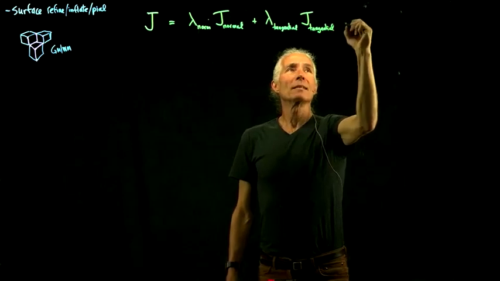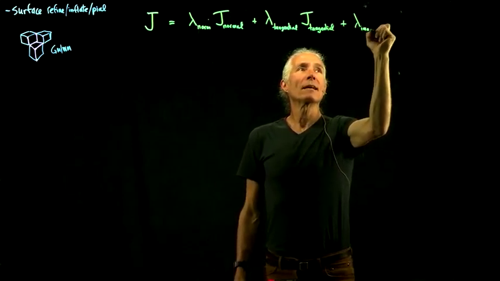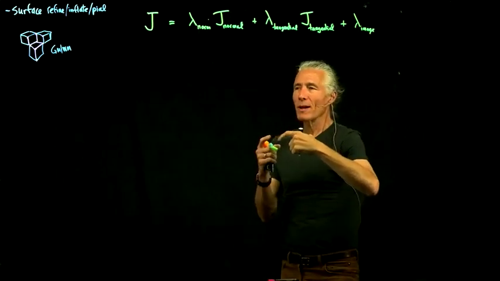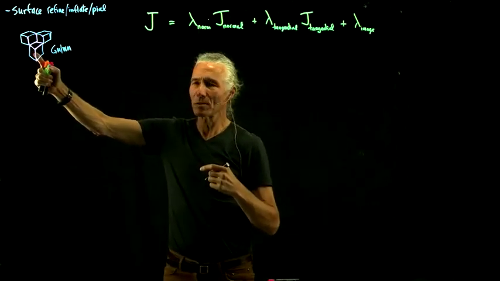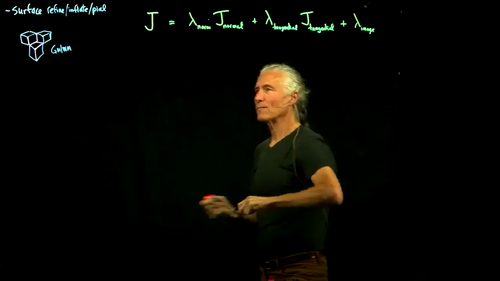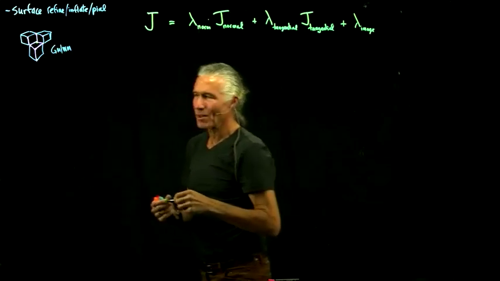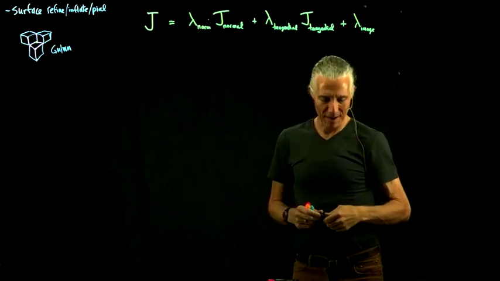and then finally there'll be an image error. That has to do with where the vertex is relative to the gray-white matter image. We already used the image to generate the surface, but then we can go back to the image and ask, is this vertex at an image voxel that is the right image voxel that we actually want?